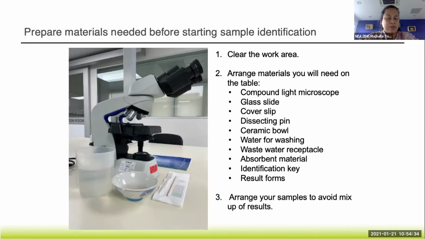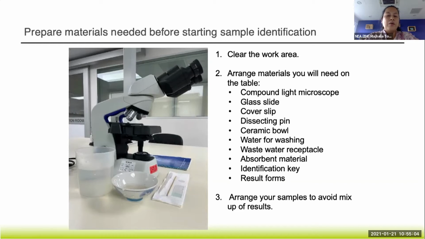It need not always be a ceramic bowl, but we use a ceramic bowl because we need to see the sample from a white background, and the ceramic bowl is what is readily available. But in your country, maybe you have enamel bowls. Anything with a white background would be very good because I'll show you later that it's important to see how they swim and how they move in the water before you even start your ID.